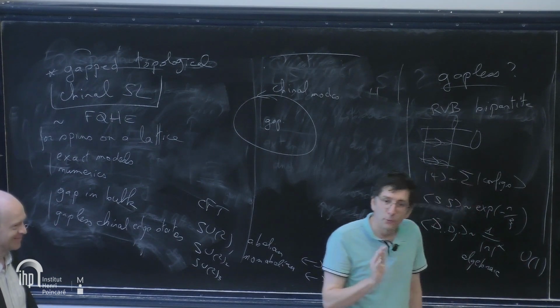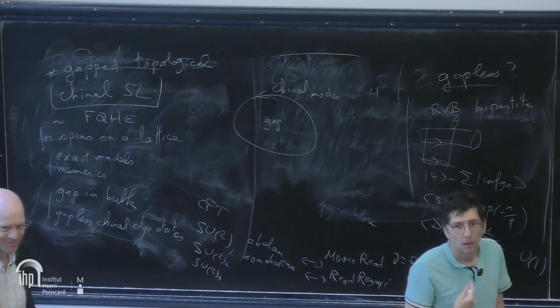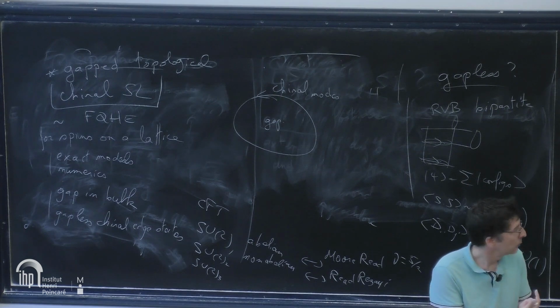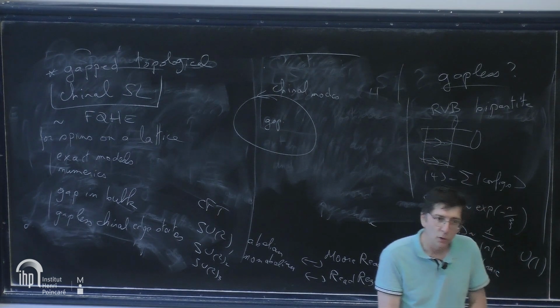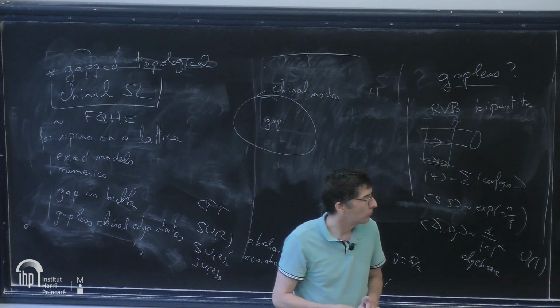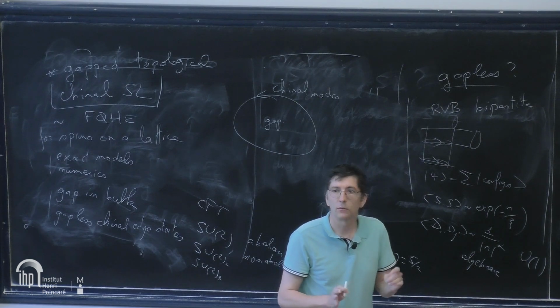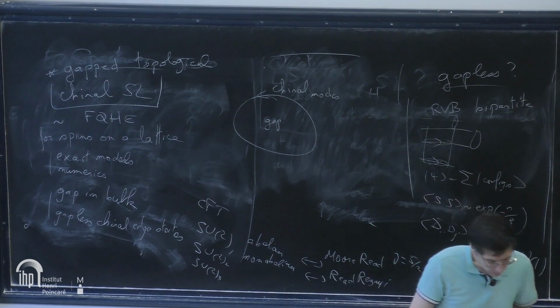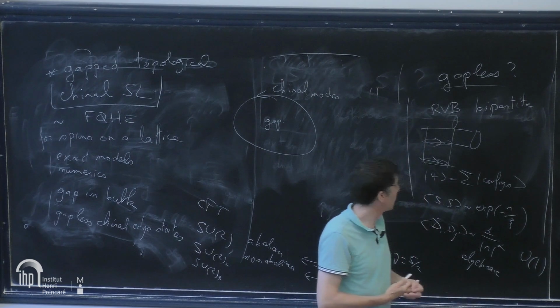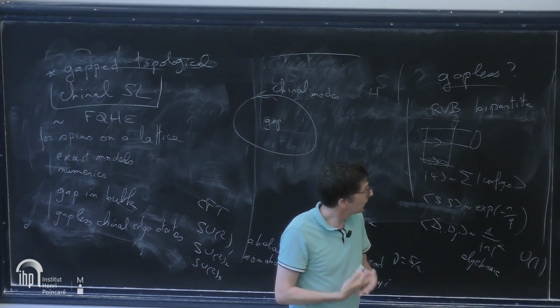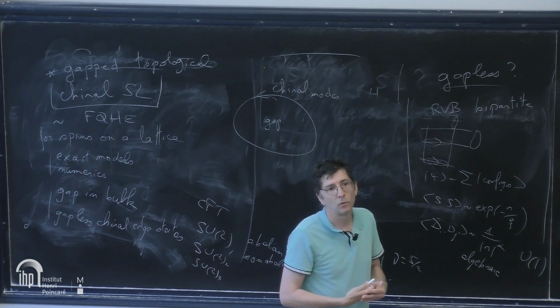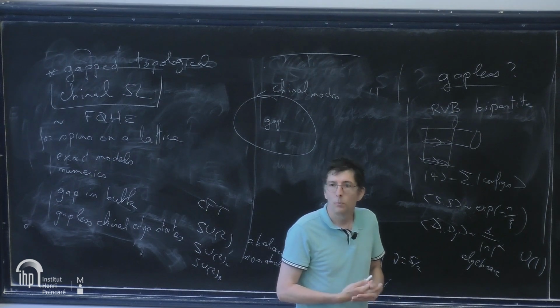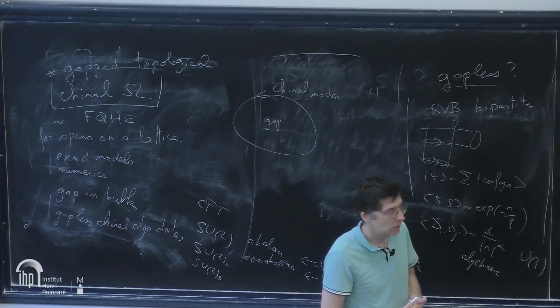So what I tried to address, the message I was trying to convey, was that both for classical and quantum, we have lots of exact results or numerics or good arguments. I didn't touch the parton construction, but for spin systems, there is a classification in progress also based on parton construction and projective symmetry group representation.